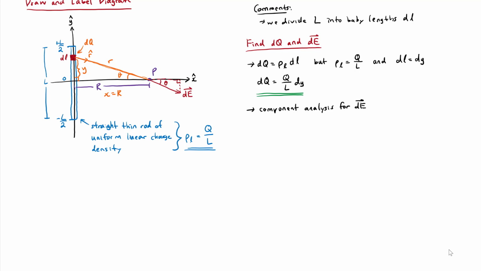So dE was in red, so I'll just copy this here. This was dE, and this was point P. So that's just blowing up the diagram over here. It means that we have dEx going this way and dEy going down. And of course we have an angle theta.